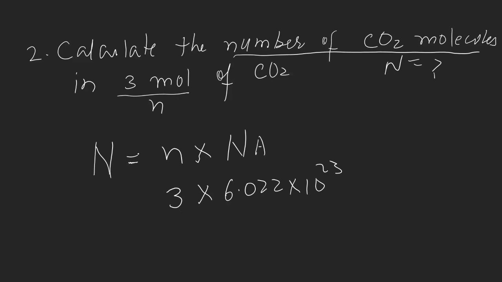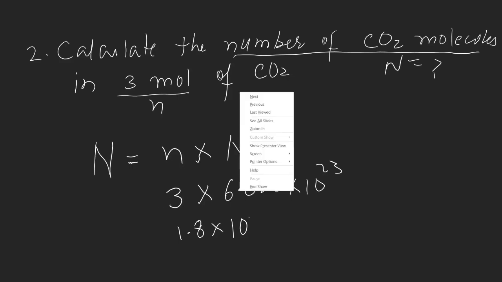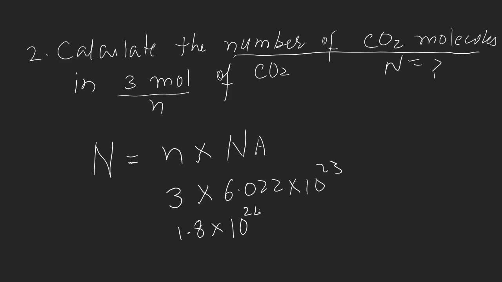In scientific notation, we don't write 18, we write 1.8. When we write 1.8 times 10, because we moved the decimal point to the left, that becomes 24. Use your calculator and you should be able to write scientific notation. So N is 1.8 times 10 to the power 24 CO2 molecules. You need to mention what you found. So we found CO2 molecules.